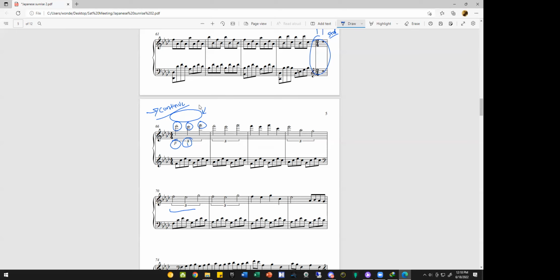If you want to use a triplet for the entire bar, you use 3 quavers, you beam them, and use the bracket, whatever you want. And you have to play like this. If you had 4 crotchets, you have to play this like this.